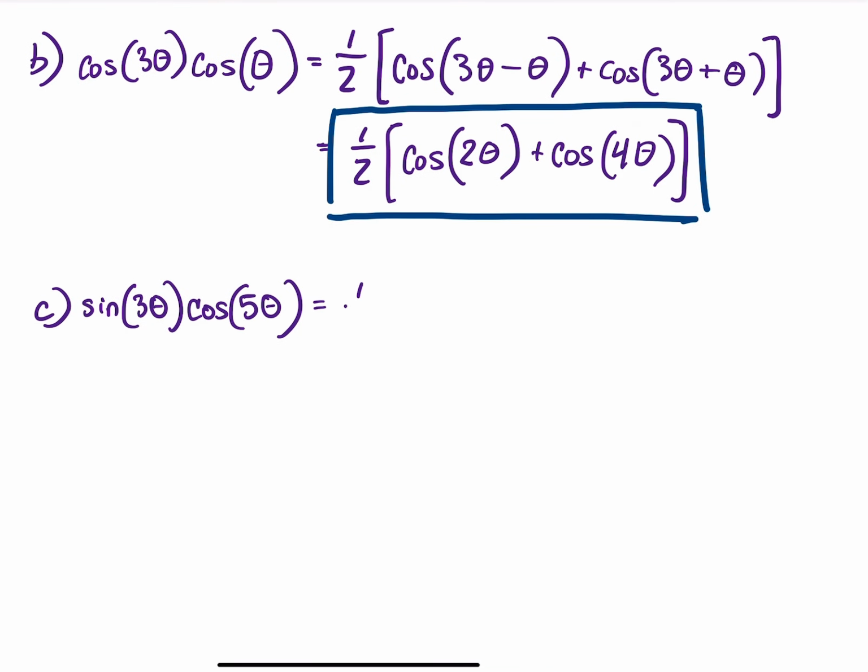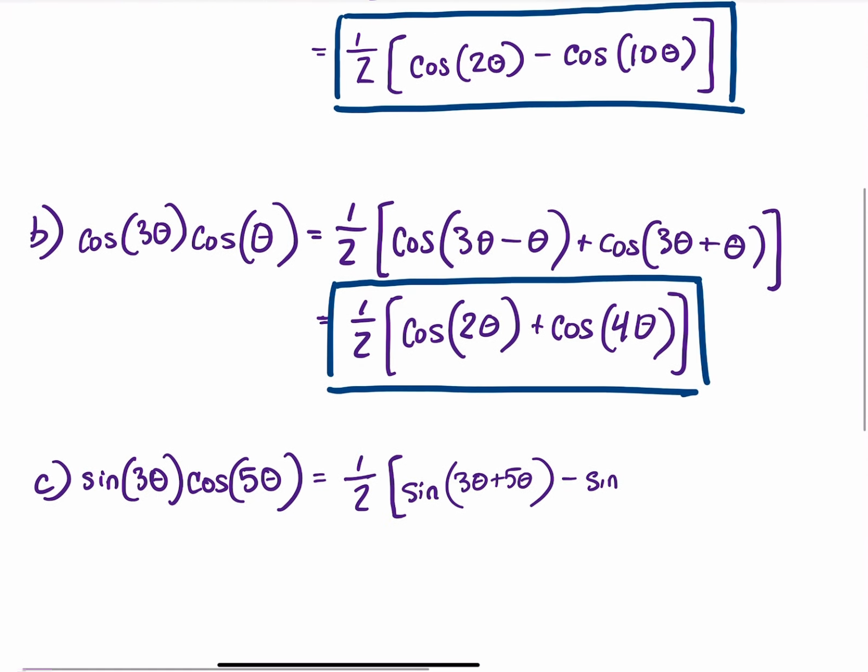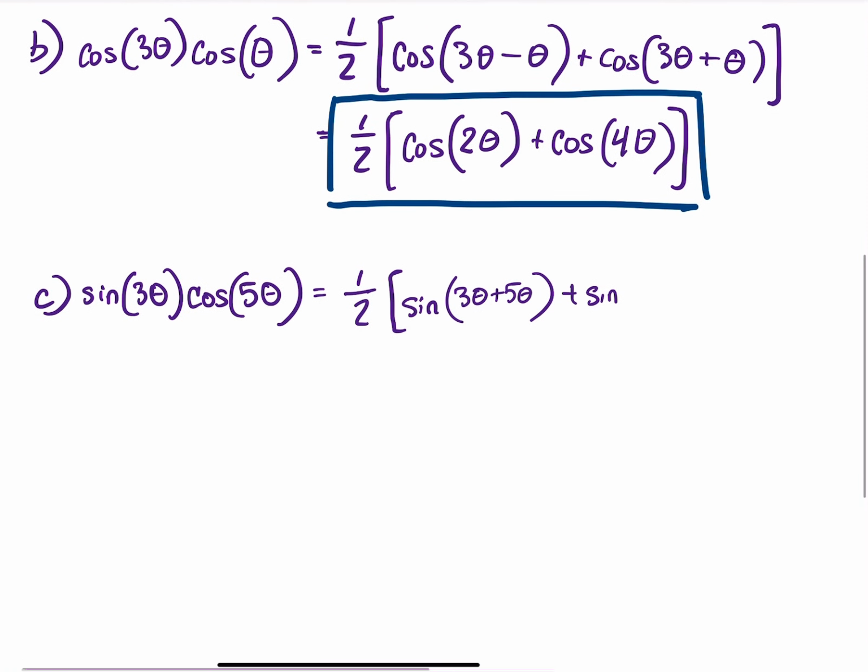So it will be 1/2 times the sine of 3 theta plus 5 theta, minus the sine, or no, I'm sorry, plus, right? Let's take a look. Yeah, plus the sine of 3 theta minus 5 theta.